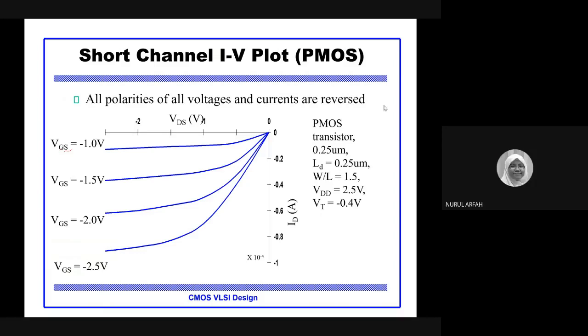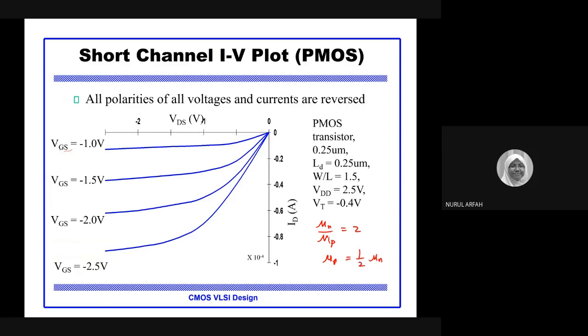So I forgot to mention about the effect of velocity saturation for PMOS, because we know that for PMOS the mobility is quite small from the equation of the ratio of the mobility of NMOS to the mobility of the PMOS. Usually we have two here, so the mobility of P is usually half of the mobility of the NMOS.